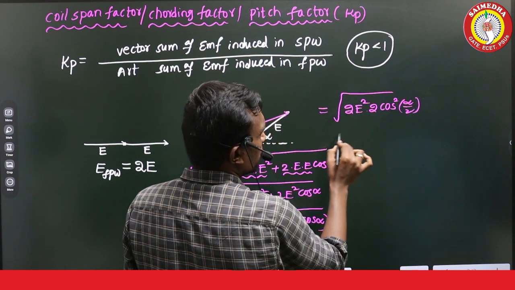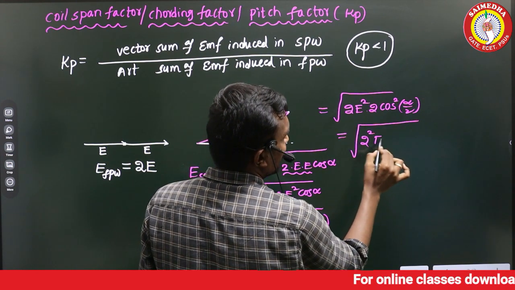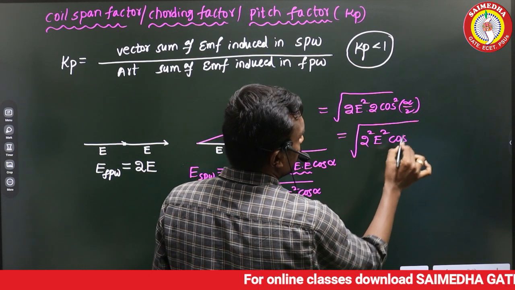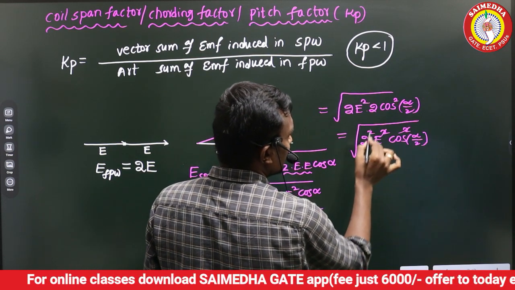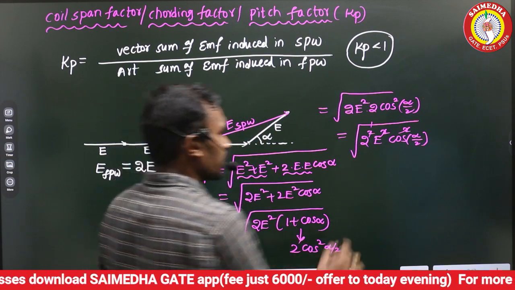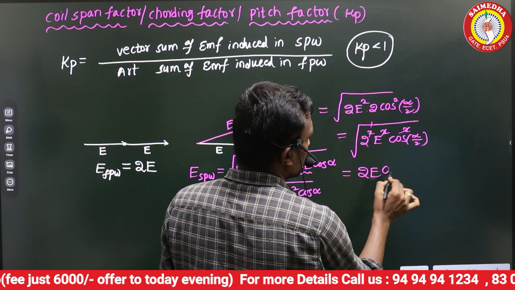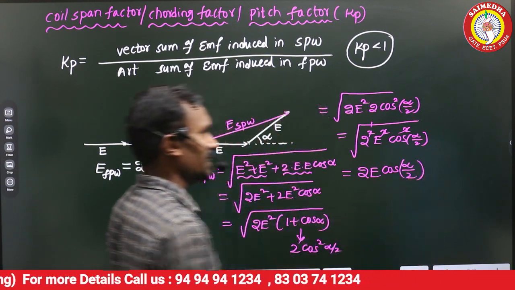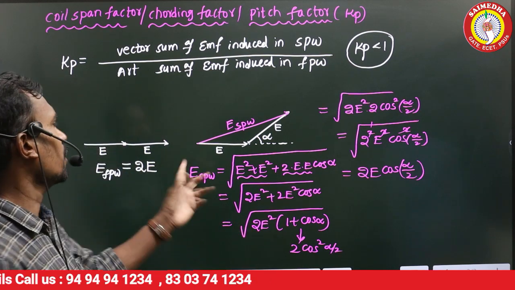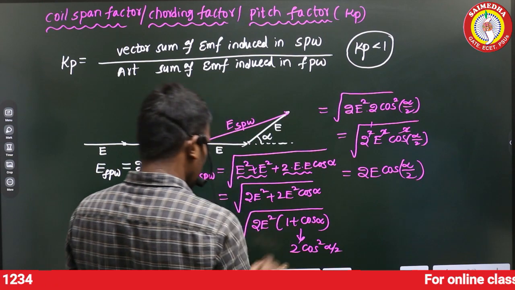So the square root of 2 square E square cos square alpha by 2. These squares get cancelled with the root. So the EMF induced in the short pitch winding is equal to 2E cos alpha by 2. This is exactly the EMF induced in the short pitch winding. Now the answer Kp.